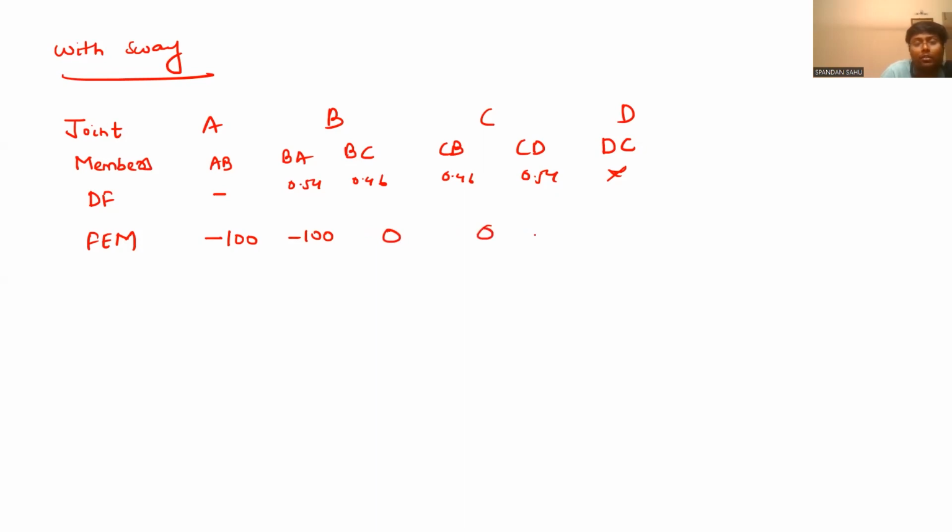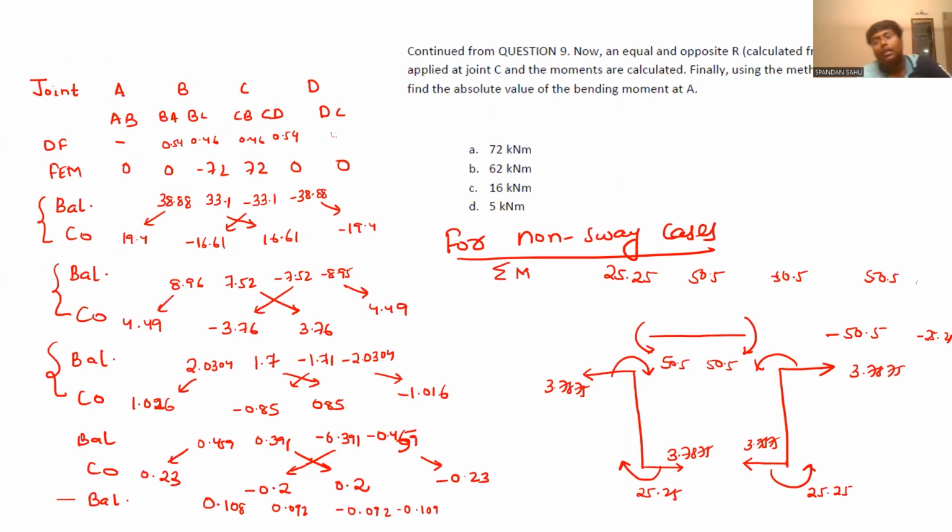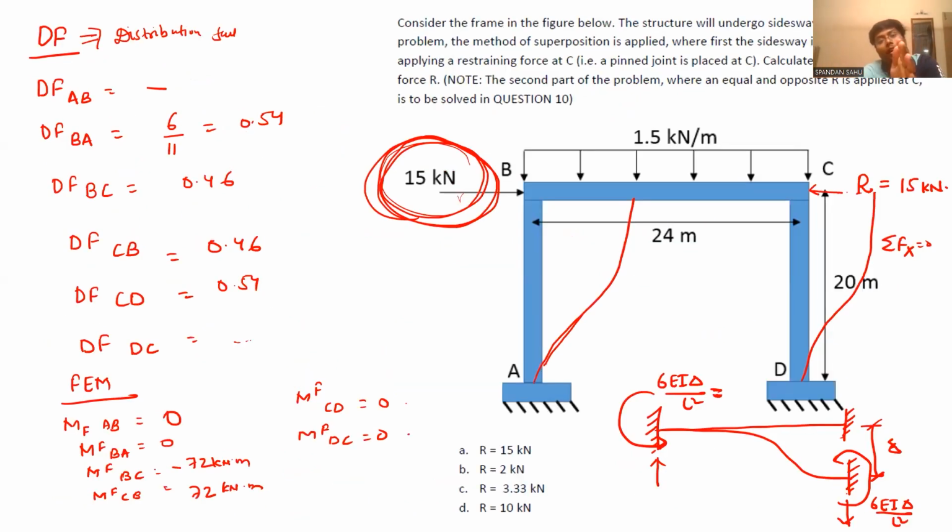No, sir, not clear. Okay. For the sway case, first we are dividing the structure into two parts. First we are putting one reaction and analyzing the complete structure as if there is no sway.